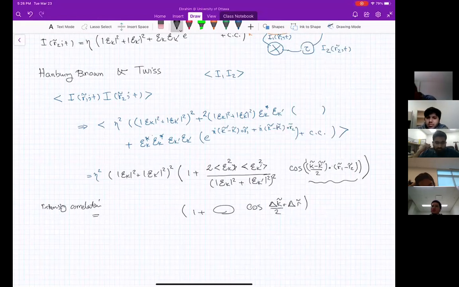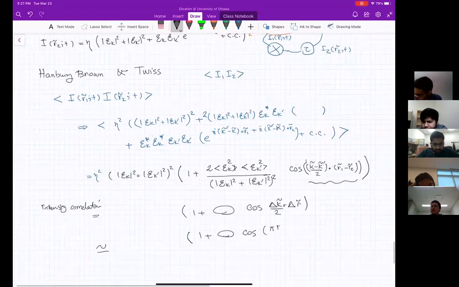Based on the calculation that we have performed, this is equal to 1 plus cosine of pi r0 divided by lambda times phi. There is no highly oscillating term. Only the lower frequency appears in intensity correlation.